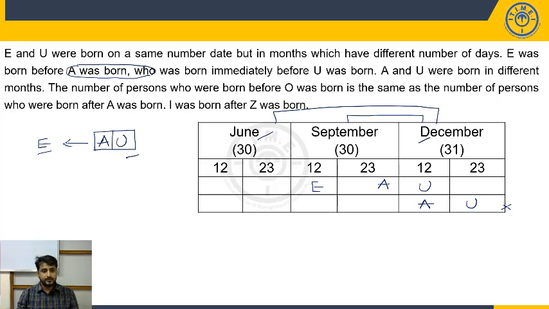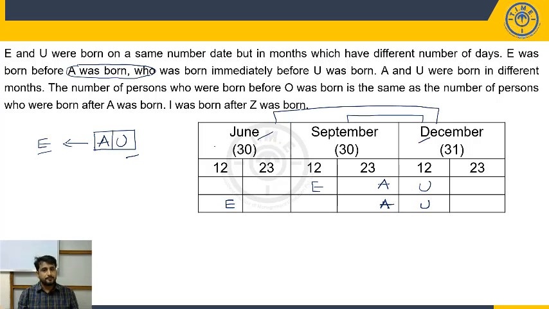Let me write that case. Let me erase A and U. U will be here, A will be here only, and E here. It is also possible. E is on June 12th and U is on December 12th. Okay, even this is also valid.